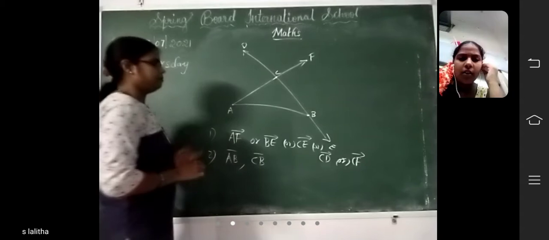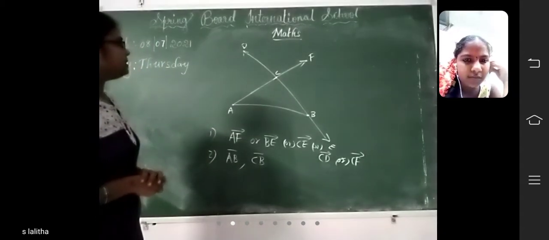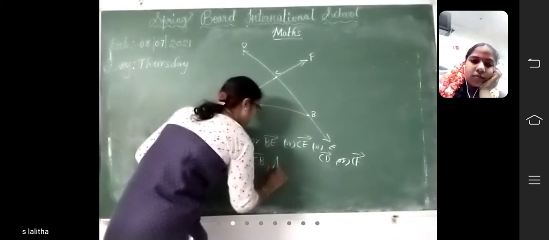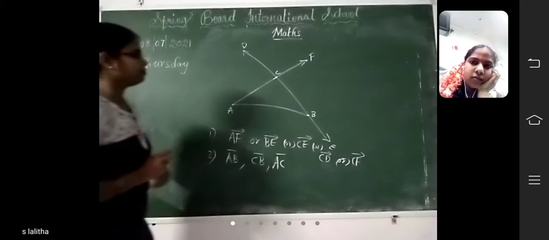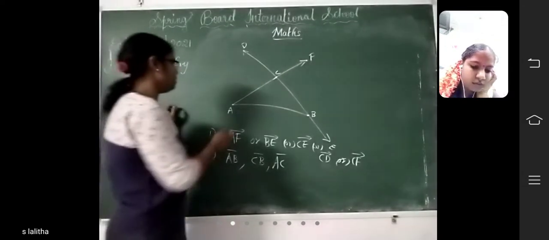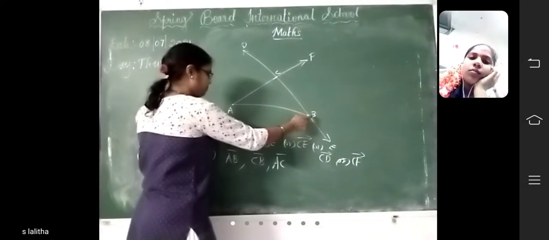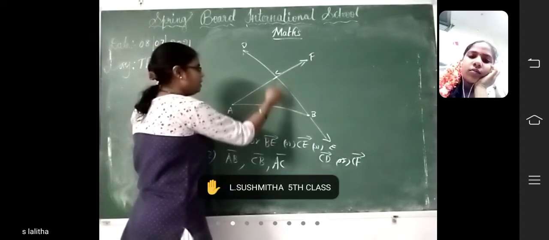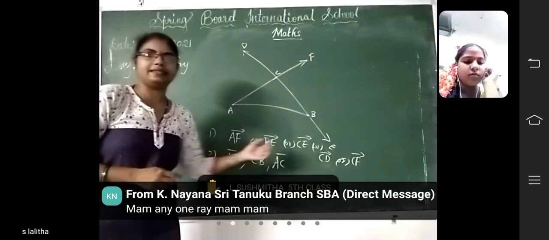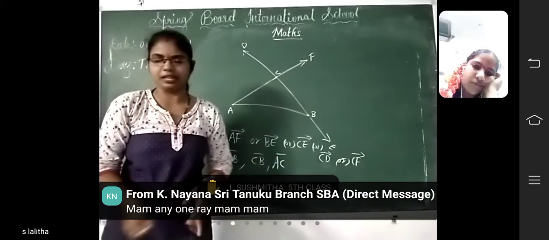C, B. Another line segment, children? A, C. Another line? Enough. So, what are the line segments? AB, BC or CB, or CA or AC. So, these are the line segments. You can write any one line segment.